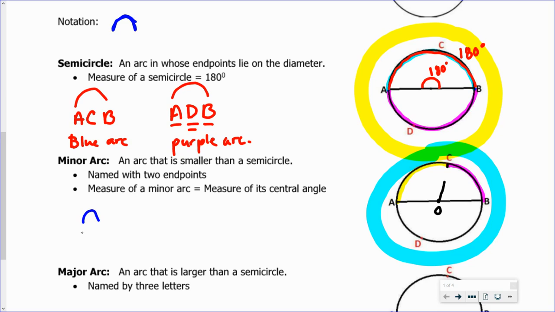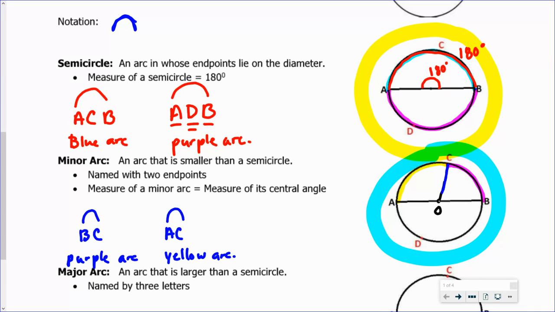So in this case, arc BC would be the purple arc. Arc AC would be the yellow arc. And again, both of these are examples of minor arcs.